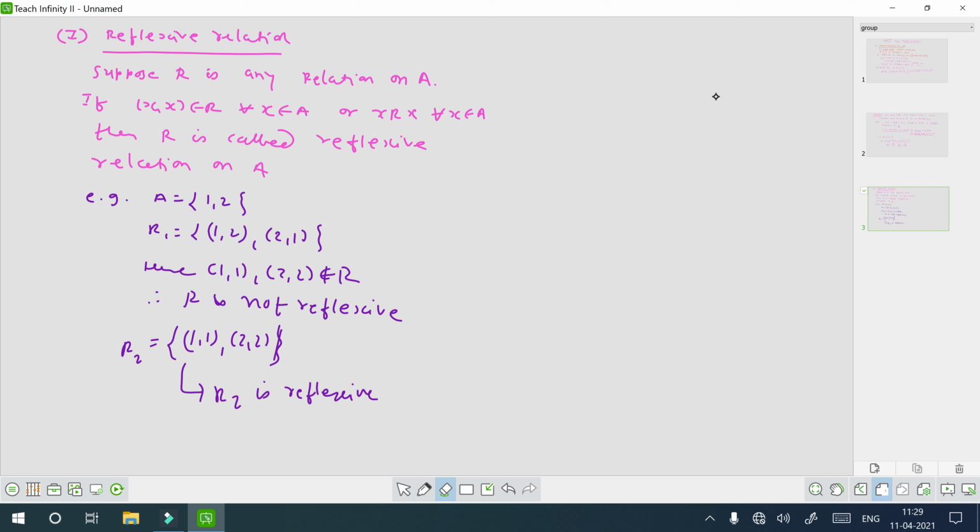Next relation, the second one, symmetric relation.